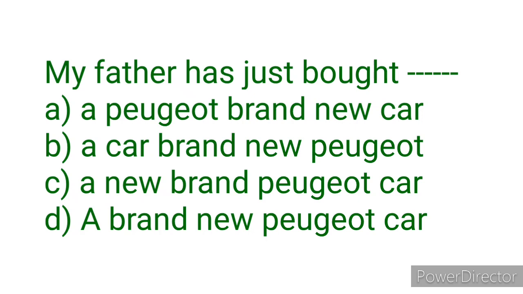You can never say new brand, it's always brand new and never new brand. So that's why we're going to strike off option C, a new brand Peugeot car. So the correct answer is option D, a brand new Peugeot car.